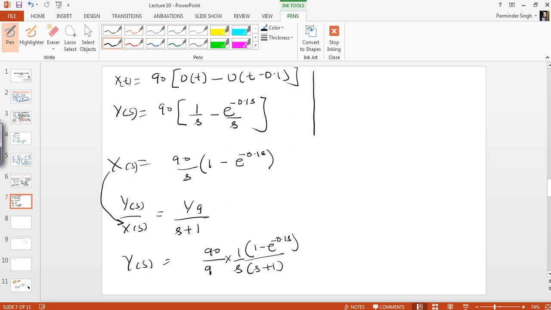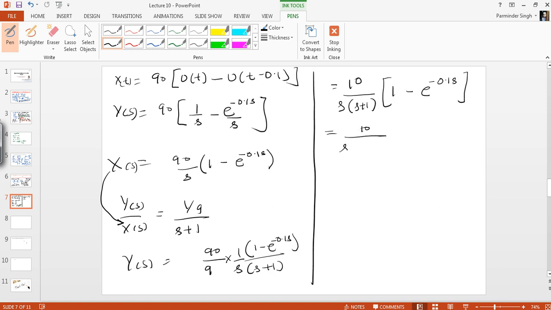Now how to solve this? Let's simplify. This becomes 10 over s into s plus 1 into 1 minus e to the power minus 0.1 s. It can be written as 10 over s into s plus 1 minus 10 over s into s plus 1 times e to the power minus 0.1 s.